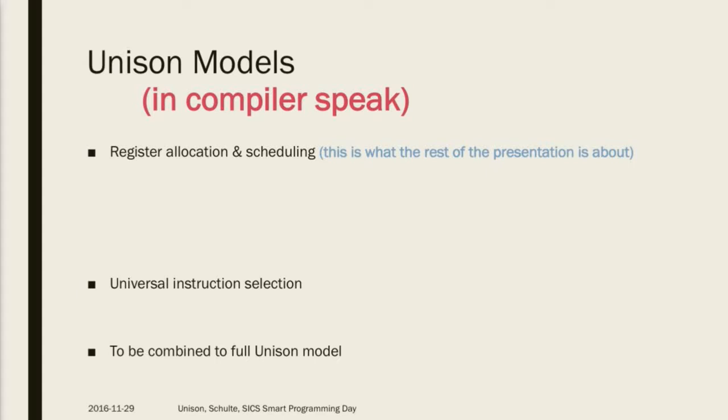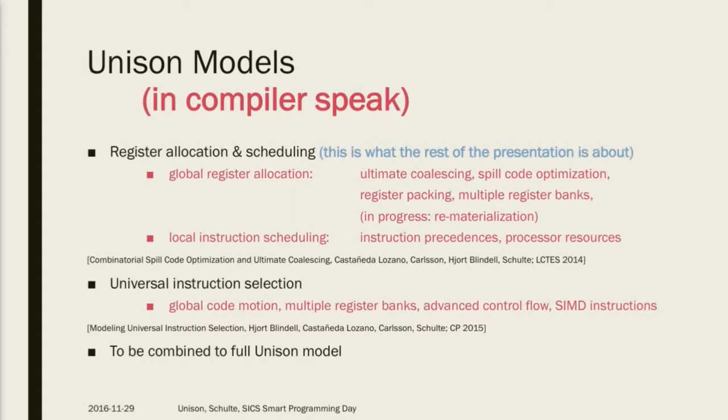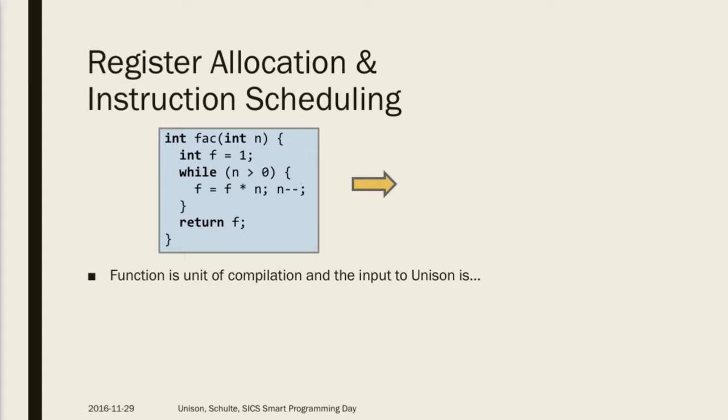We are very proud of both models that we have because both are unique in the expressiveness they offer. And if you see why, then you see it has a lot of features, in particular for register allocation, that are unique to the Unison approach, right? I will not go into the detail, and I will just give you an idea of the technical thing.